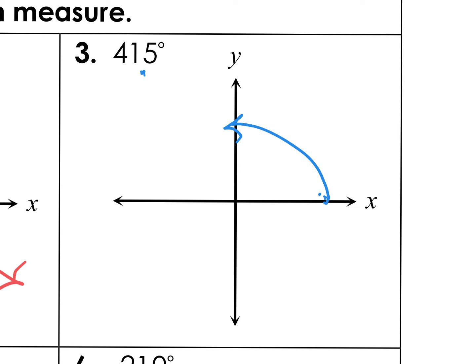If I keep going, how many degrees is this one, Jabron? 180. And if I go all the way here, 2 up, 3 to the left. How much if I go all the way around? 360. Oh, I need more, don't I? How many more do I need? Less than 1/2.